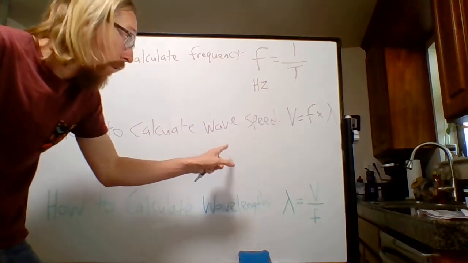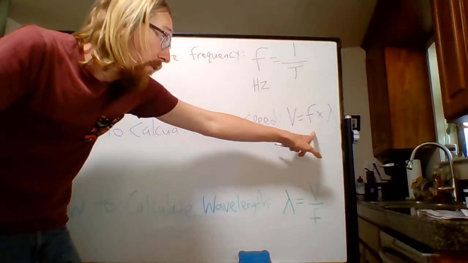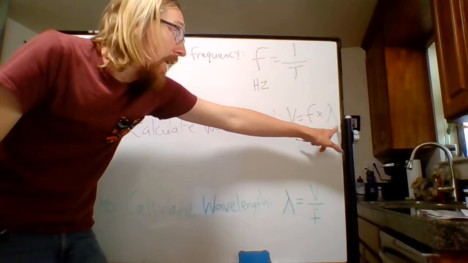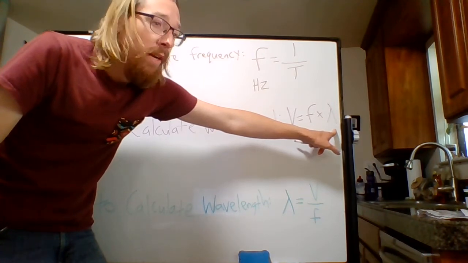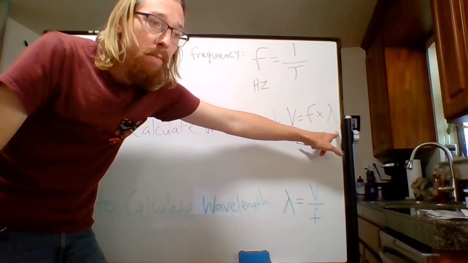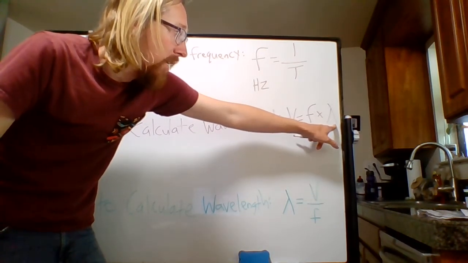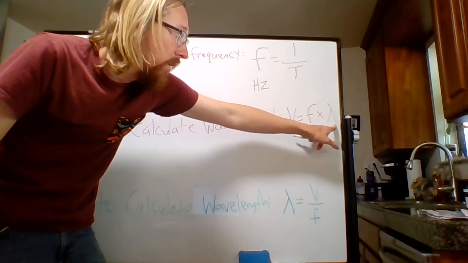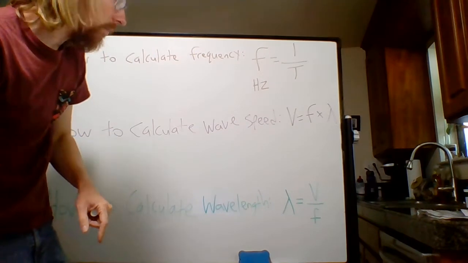So in a problem, if you're asked to find wave speed, they'll include a frequency in hertz and a distance in meters or inches. I'll keep it simple so you don't have to convert, and I'll keep it in meters. So this will be a number in meters, and this will be a number in hertz. Look for that in the problem.